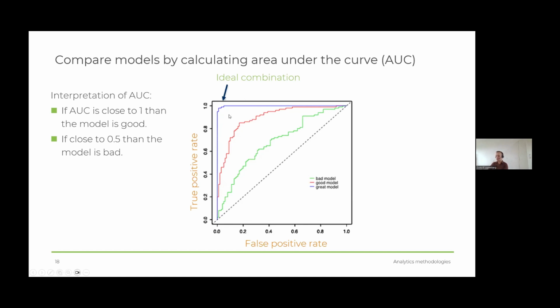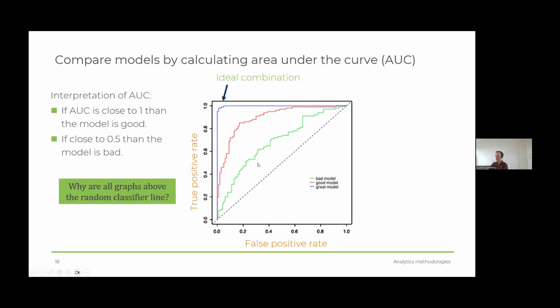Basically, the area under the curve is really just how much of this 1x1 block is covered by my ROC curve, meaning that if I get 1, then I have my perfect classifier, because the area under the curve is 1 times 1. And basically the worst model goes to 50%, because it's exactly half of the total block.